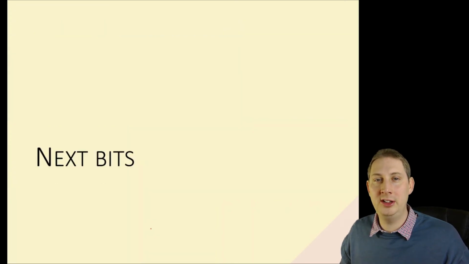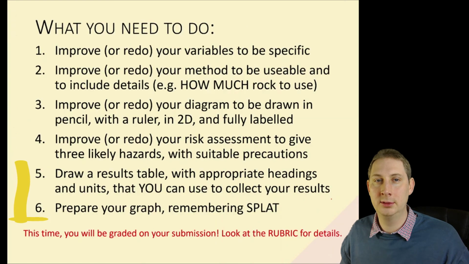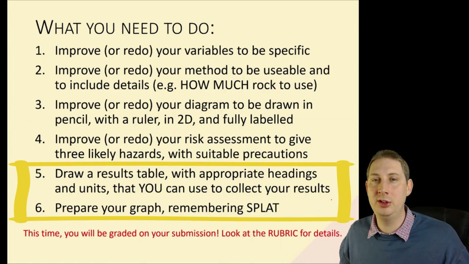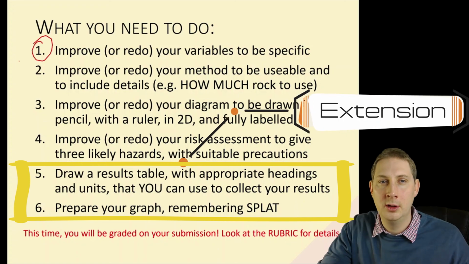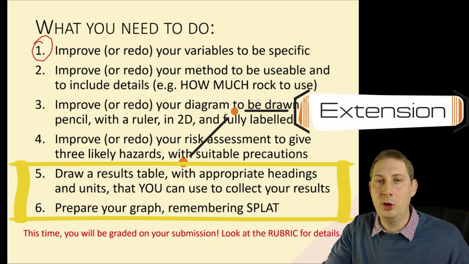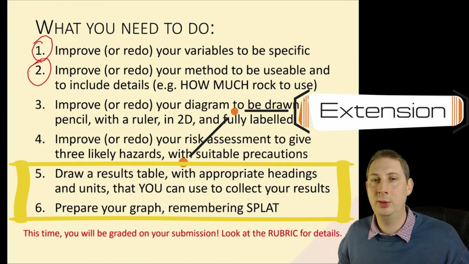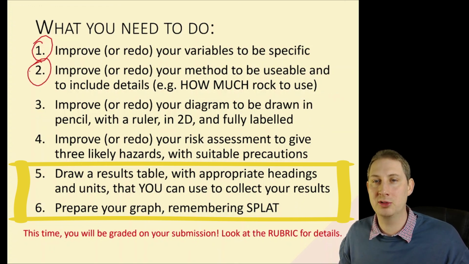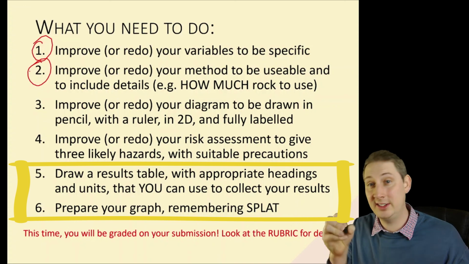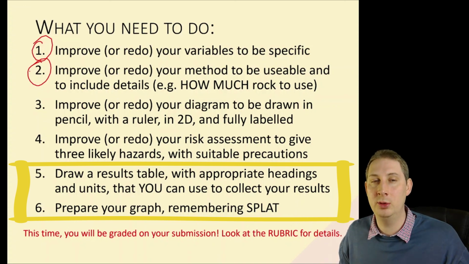So what do you need to do this week? Improve or redo your variables to be specific if you haven't done it. Improve or redo your method to be usable and to include details, for example, how much rock to do. Feel free to just add bits in pencil if you have done a good job first time round.